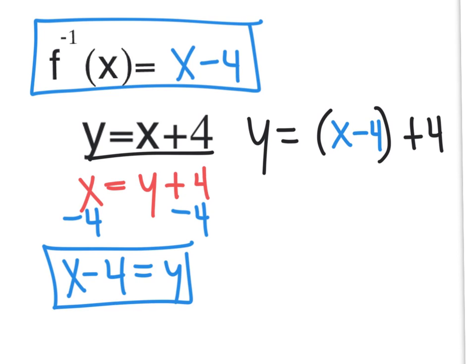And if I simplify it, there's nothing to distribute, so I don't even need to worry about the parentheses. But if I simplify it, the minus 4 and the plus 4 cancel out, and we truly just get x. So there's an example of how to find the inverse. And then once you have the inverse, you could plug in the inverse into your original f of x function, and you will see that it just cancels everything out and you have x left over.